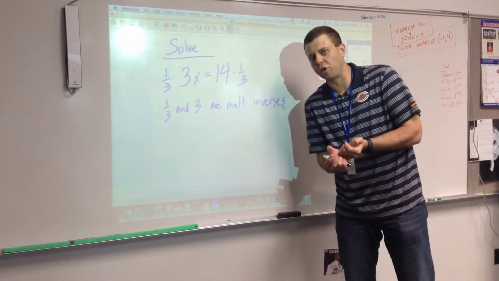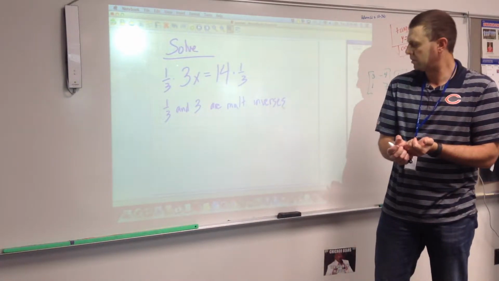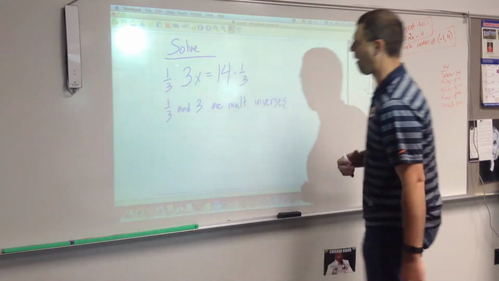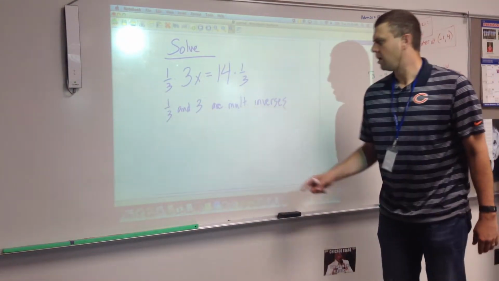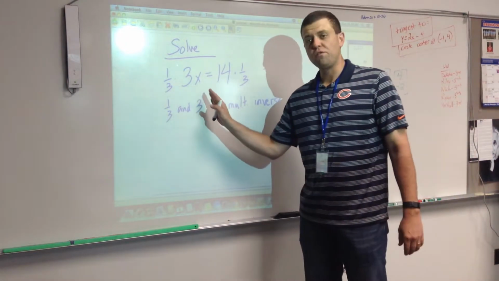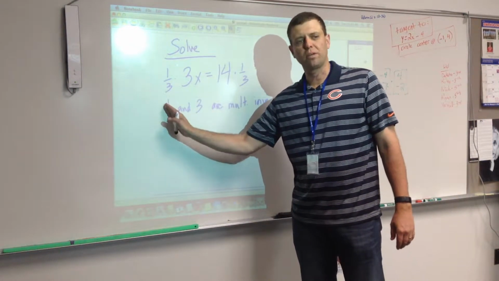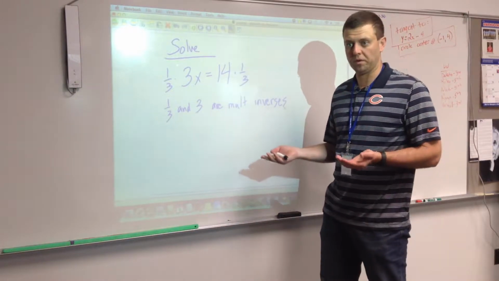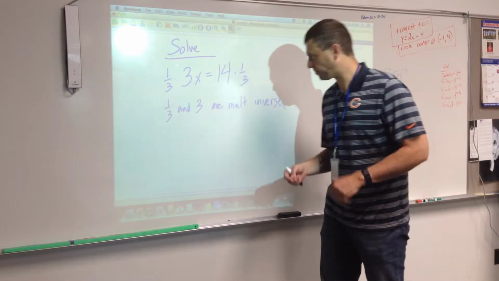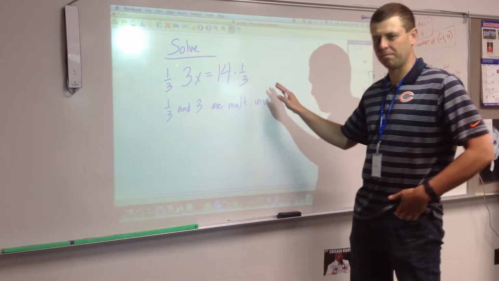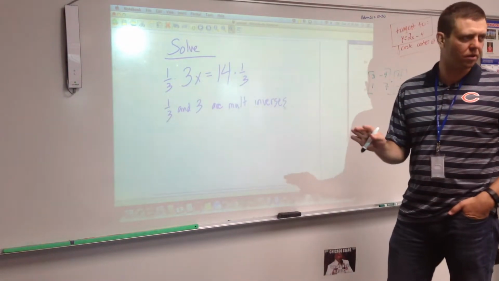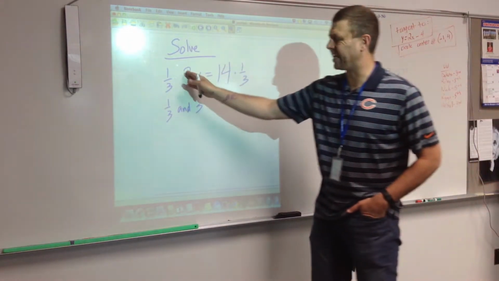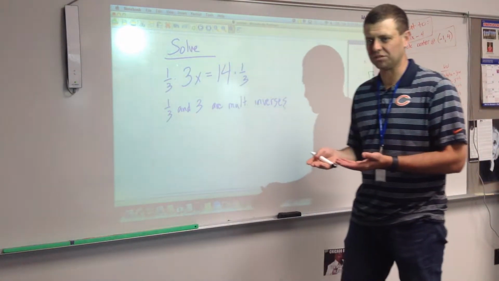So it's getting that variable by itself. If you take something times its multiplicative inverse, it essentially cancels itself out, or gets the number 1. I want you to keep that idea in mind for what we're eventually going to do here. Anything times its multiplicative inverse cancels itself out.